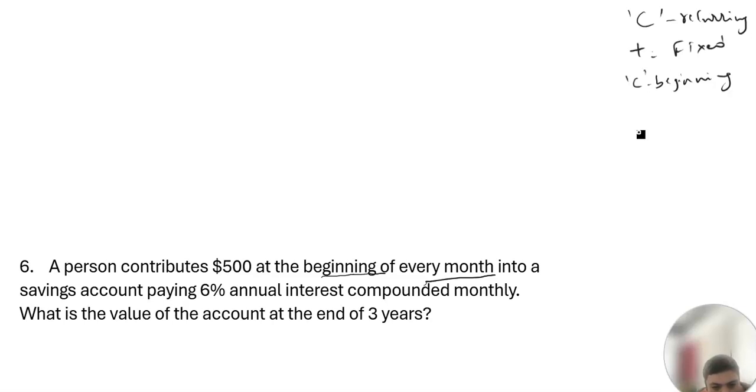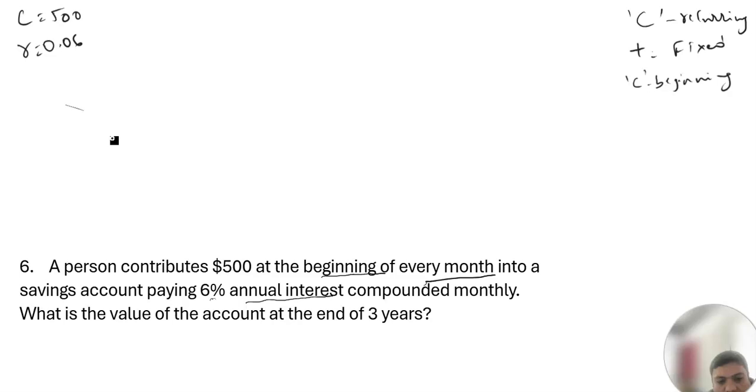A person contributes 500 at the beginning of every month into a savings account at 6% annual interest compounded monthly. Okay. In this problem, it's important to understand this. I think most of you will get confused with this. It doesn't say that it's a monthly interest.